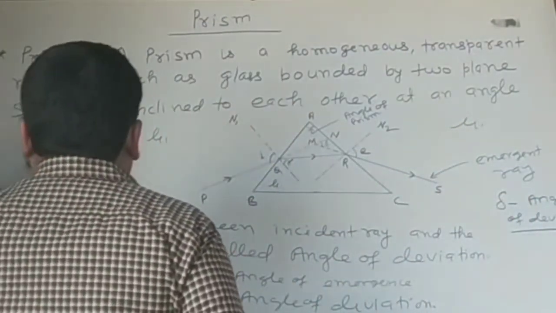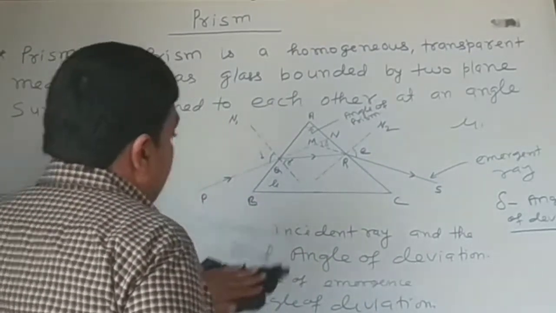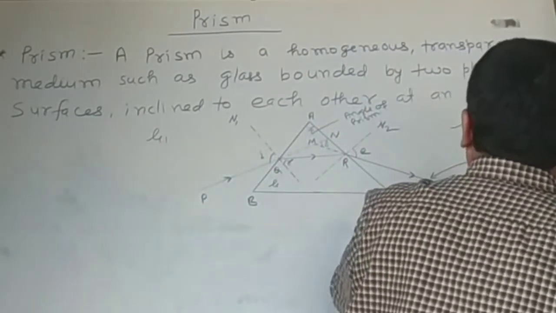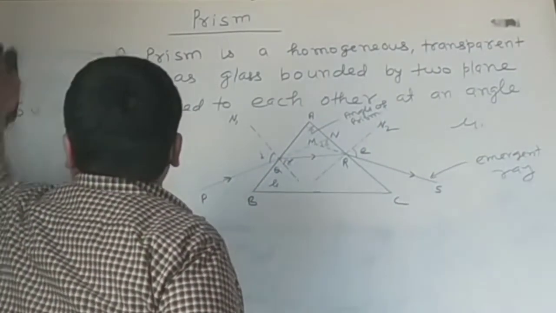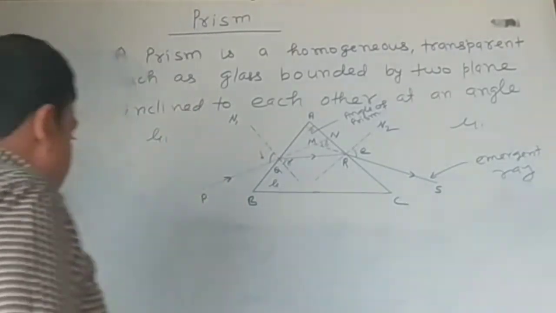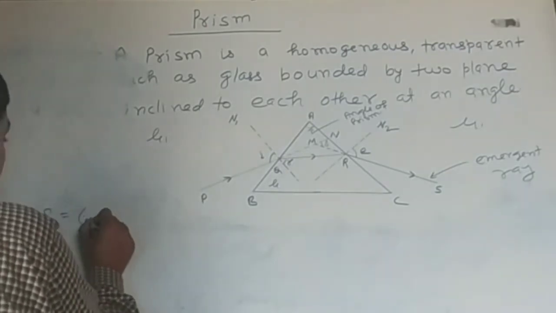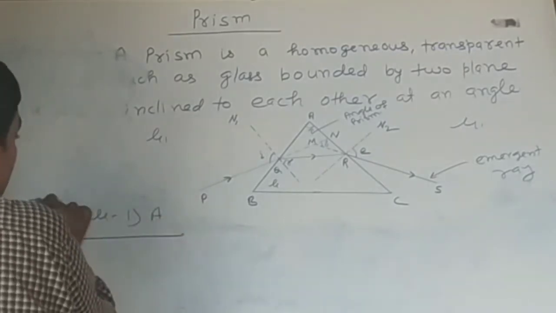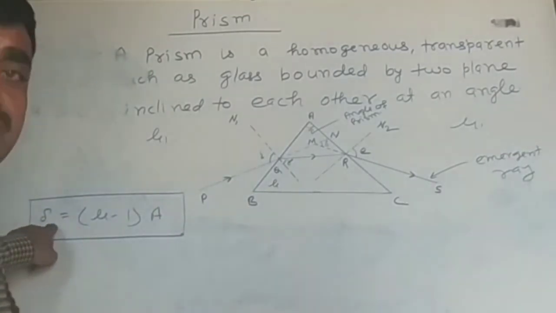Okay, angle of deviation is related to the refractive index of the prism and angle of prism. Angle of deviation delta is equal to mu minus 1 into A. This is the formula of angle of deviation.